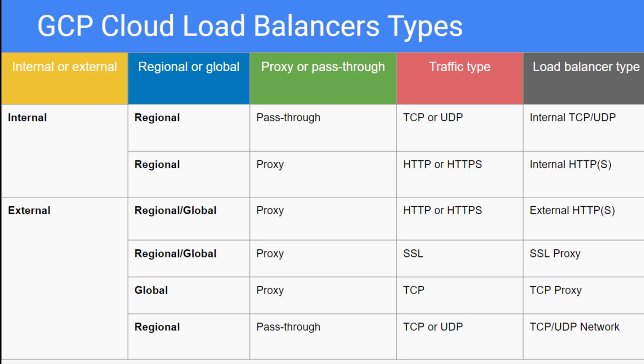So you can set up global load balancing on HTTP, HTTPS, SSL proxy, and TCP proxy. TCP/UDP traffic is always set up with pass-through regional load balancing, no matter whether the traffic comes from external or internal.